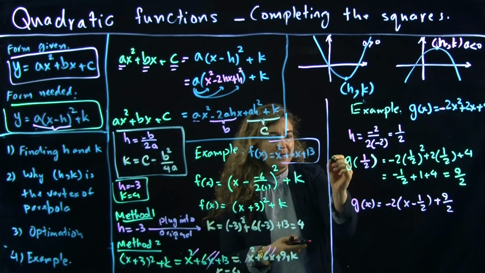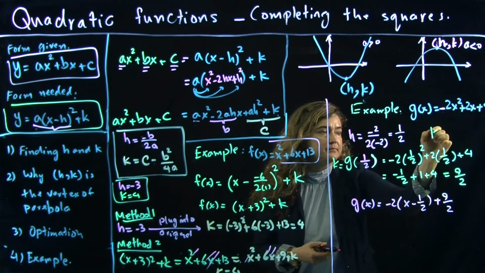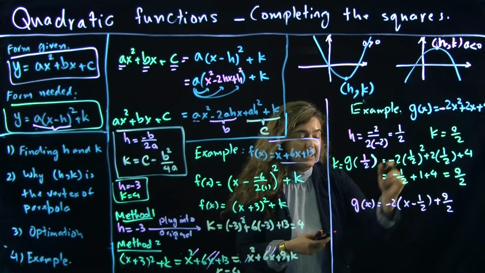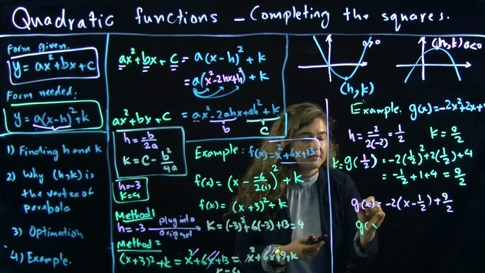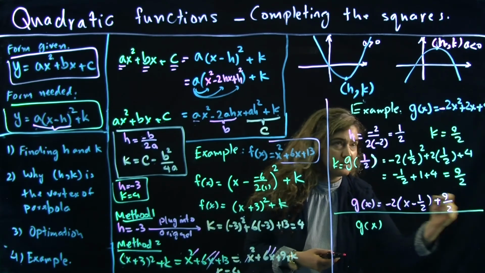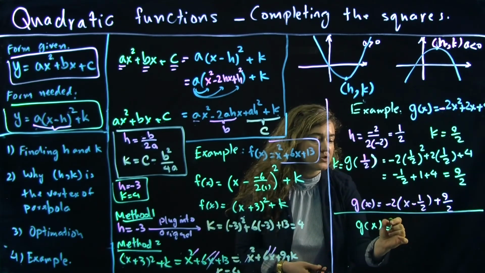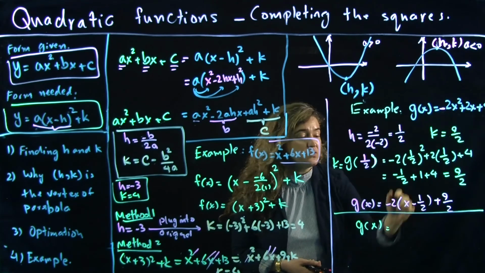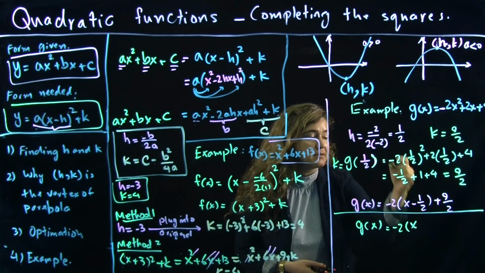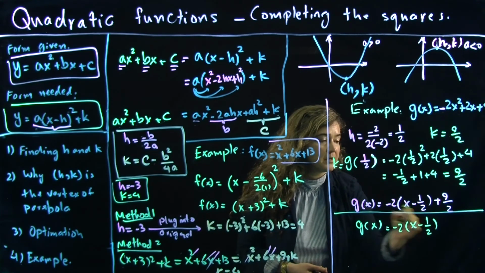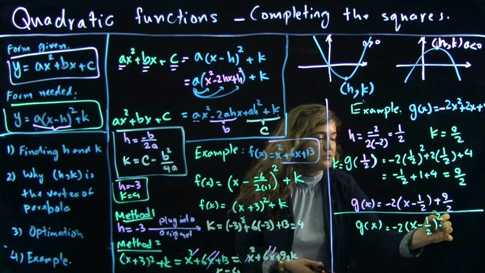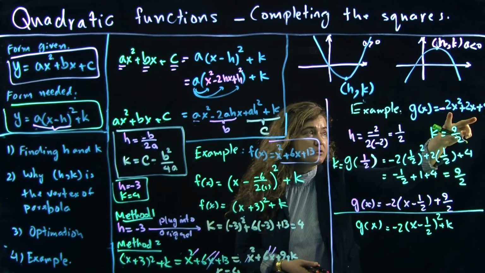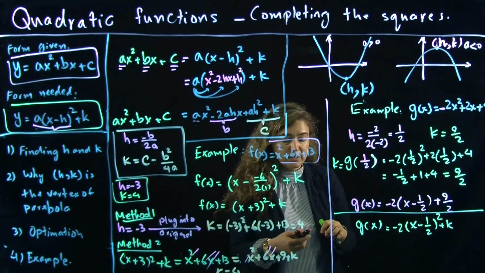The method 2 of finding k would have been this other method. So this is, we found k this way. You would go ahead again and write g of x. So this is all solved. I'm just showing the other method. Negative 2 (x minus h) to power 2 plus k. And then you expand this and set it equal to that, and you solve for k.